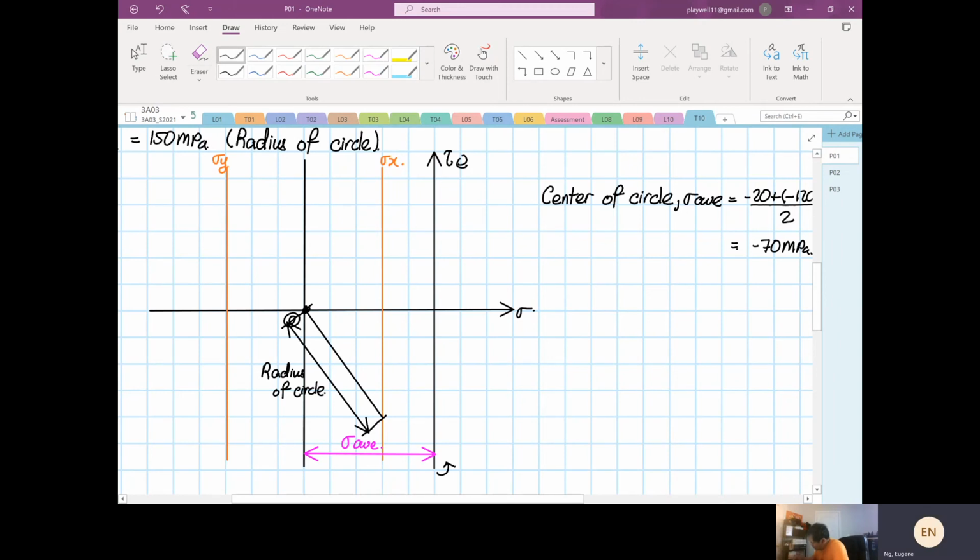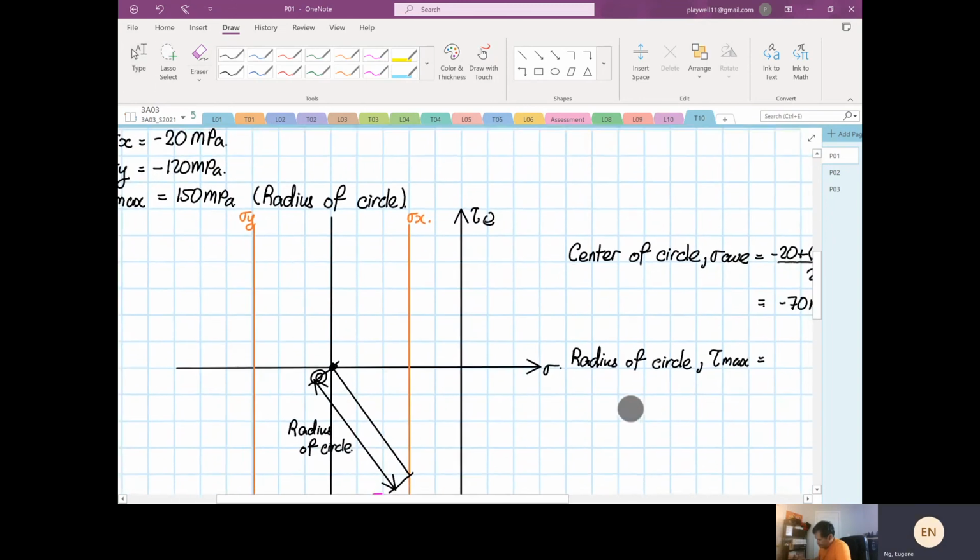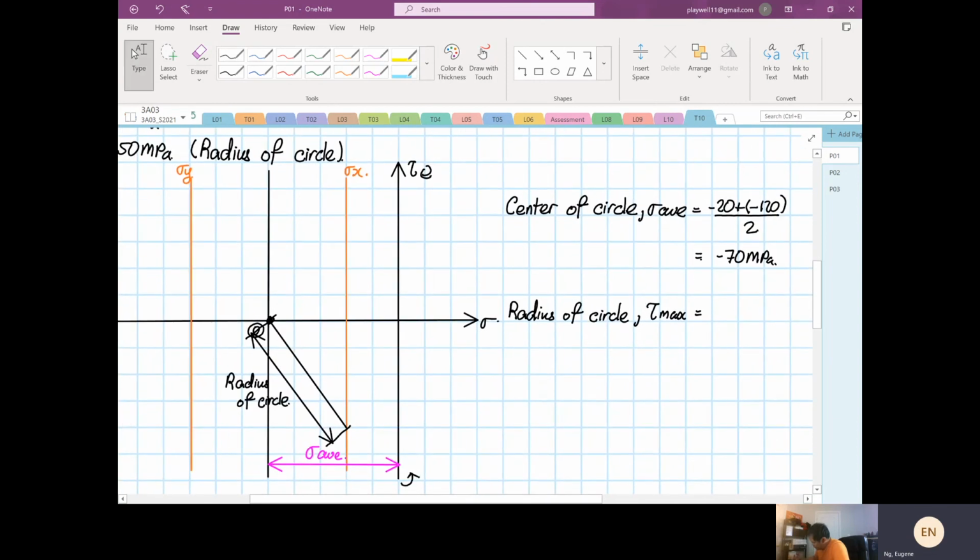So we know that our radius of circle, which is our tau max, is equal to 120 megapascal. No, 150. Sorry.